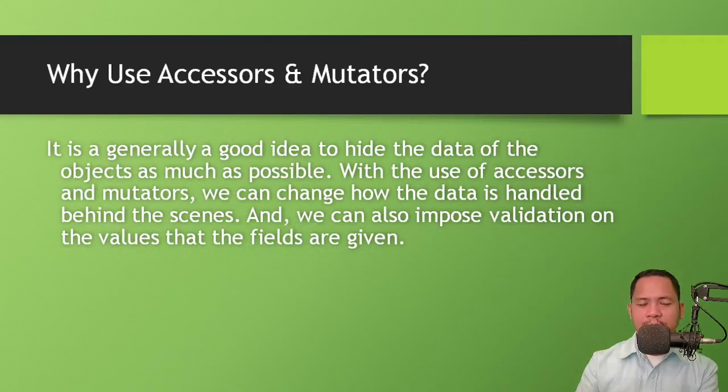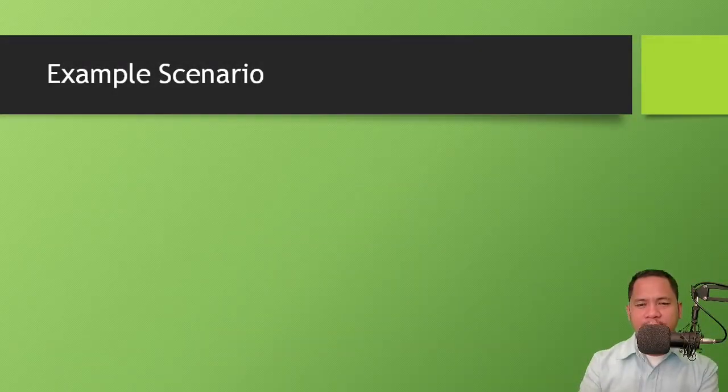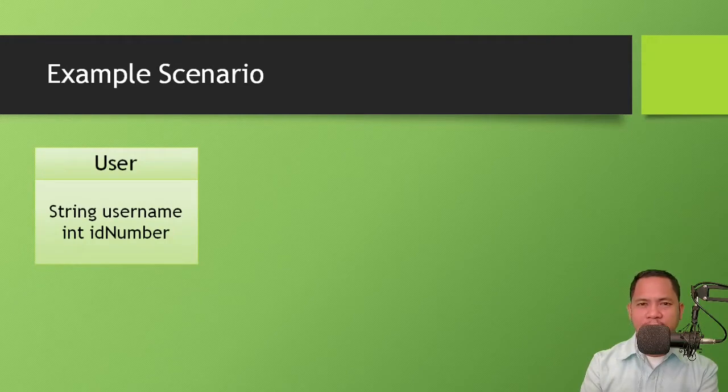To explain this further, let's take a look at this scenario. Here we have a class user, and we declared two properties for class user: username, which is a string, and ID number, which is an int.